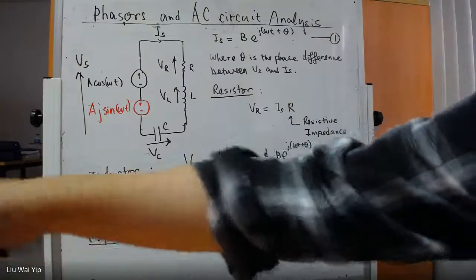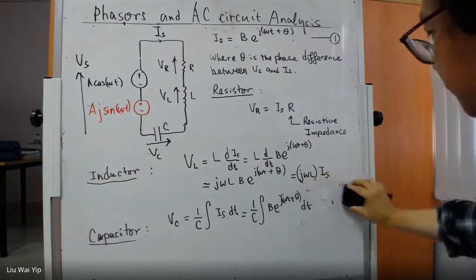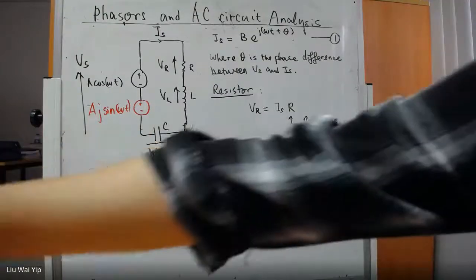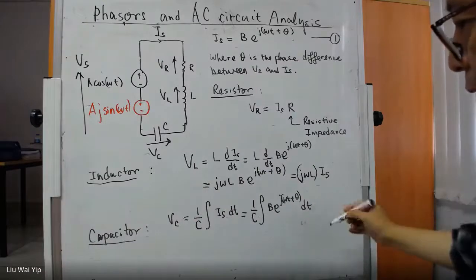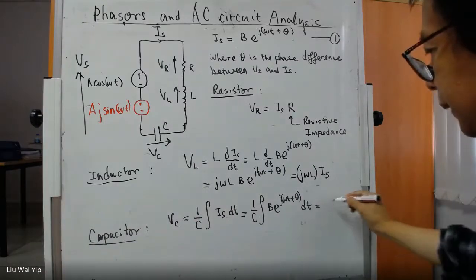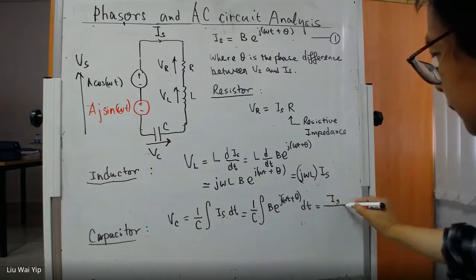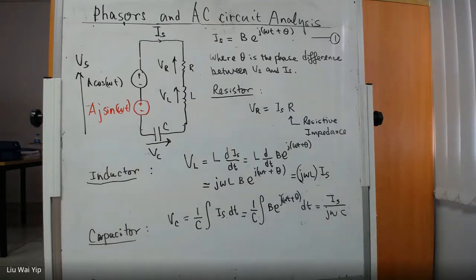Here I'm going to erase this term because it causes confusion. Now, if you do it very carefully, you will end up with a term like Is over j omega C. This is the beauty of the complex number.